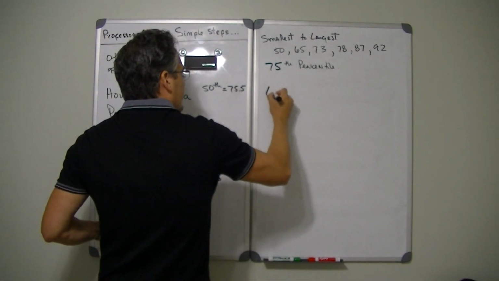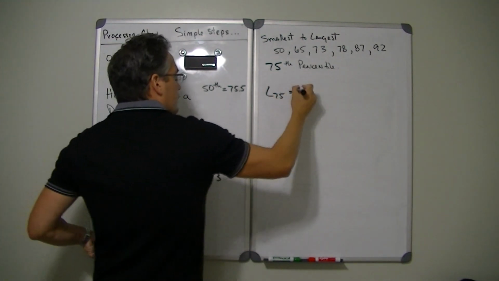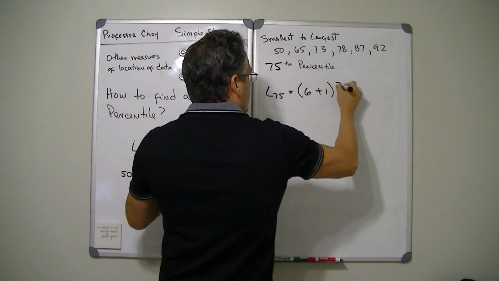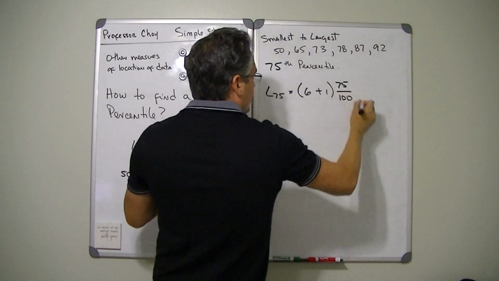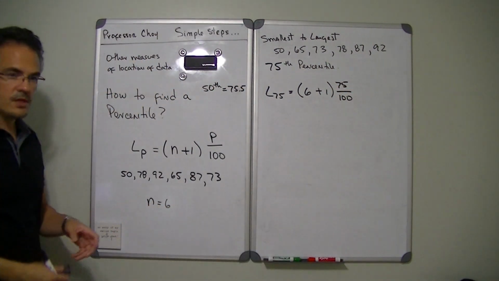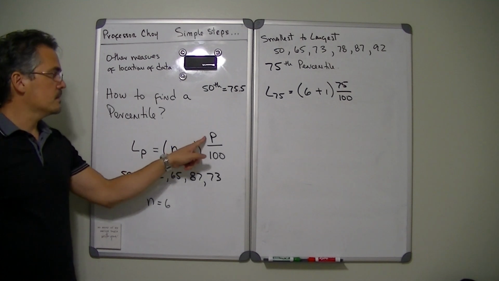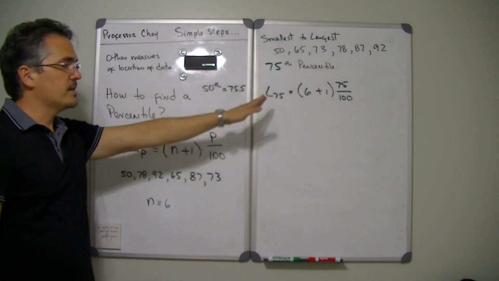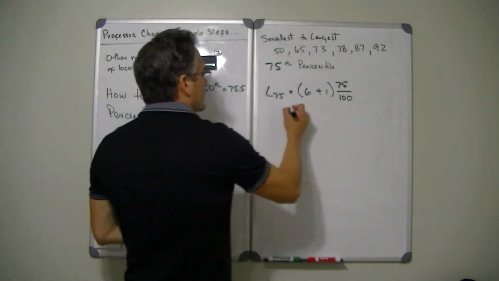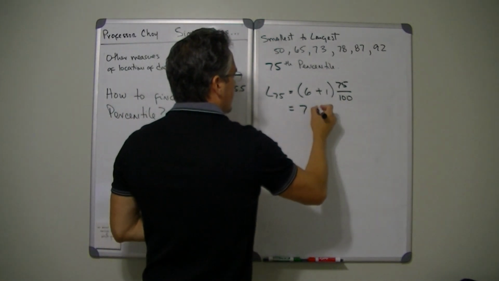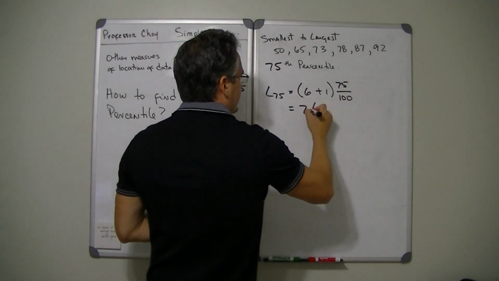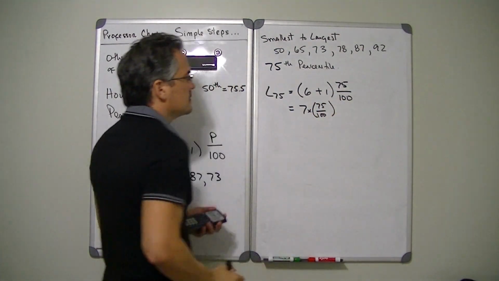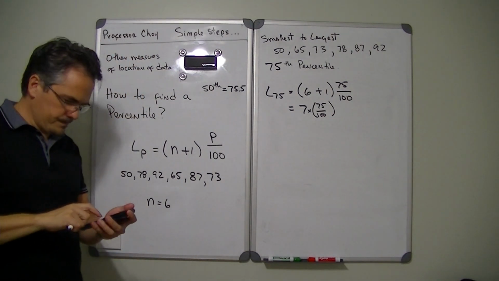So we're going to put L75 equals, N is still 6 plus 1, times 75 over 100. So we're going to change the P in the formula for the 75, which is the one that we're calculating now. The rest stays the same. So this is equal to 7, and we've got to multiply it times 75 over 100.